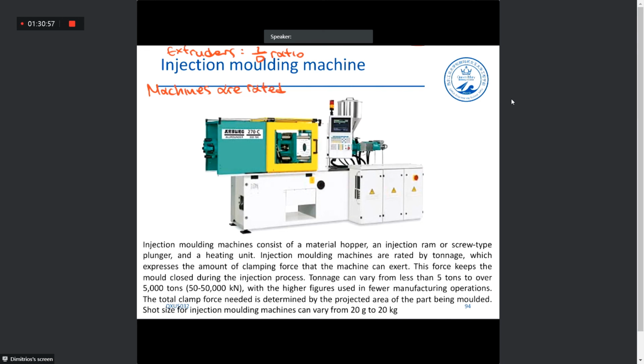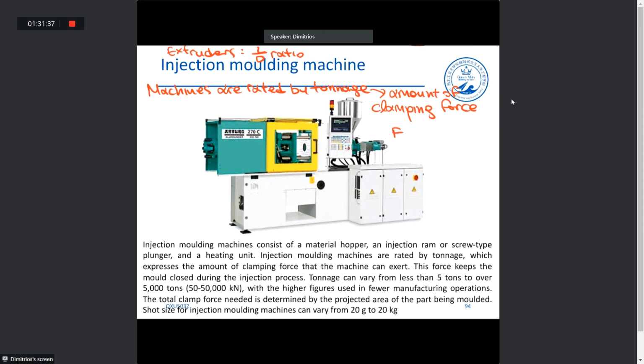That is the amount of clamping force. And this force is calculated by this very simple equation: force equals pressure times area, okay? Pressure is the injection pressure, and A is the cavity area of the mold, okay?